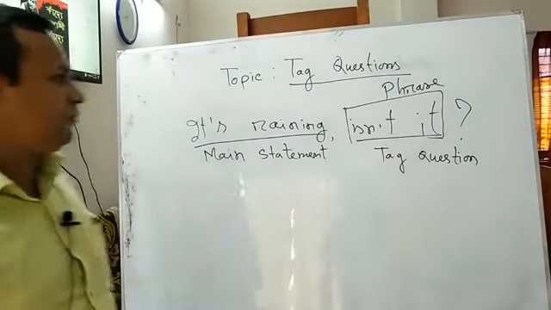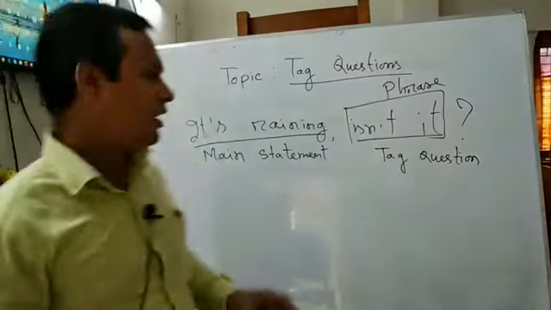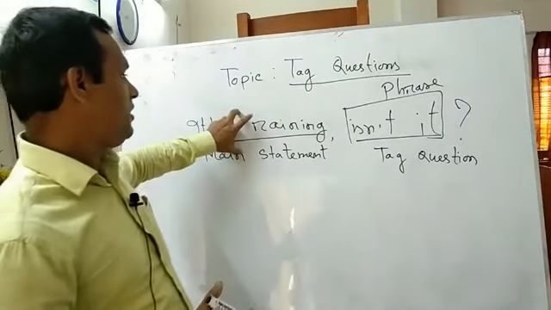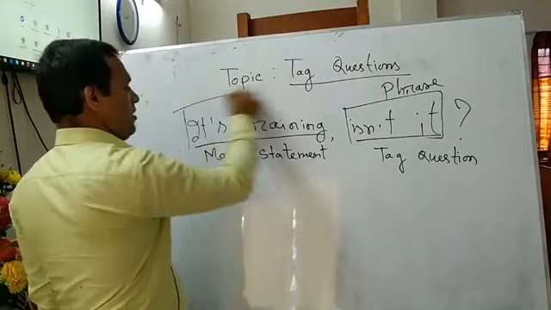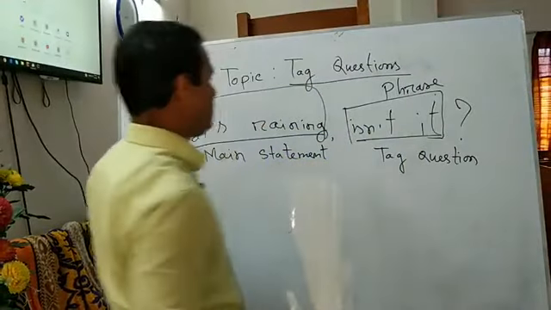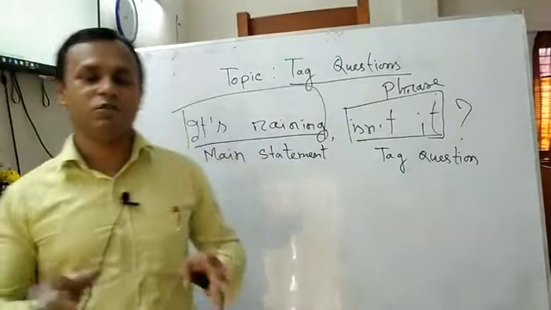Dear students, you follow there are two parts written here. This is the main statement and the second part, which is called the tag question. How do you define the tag question?